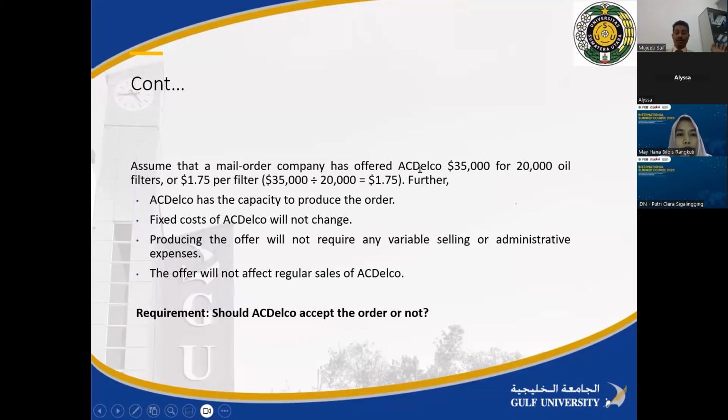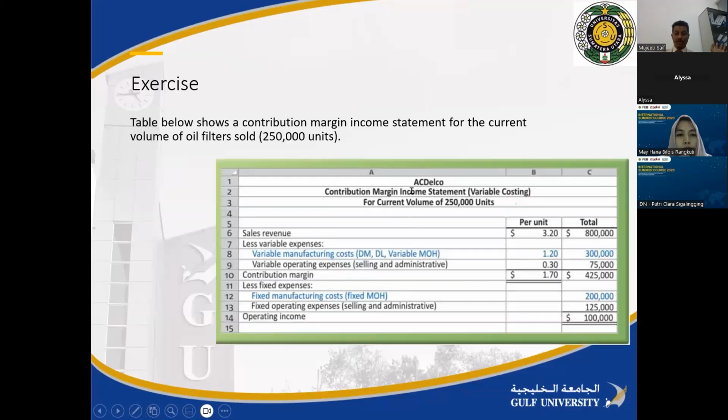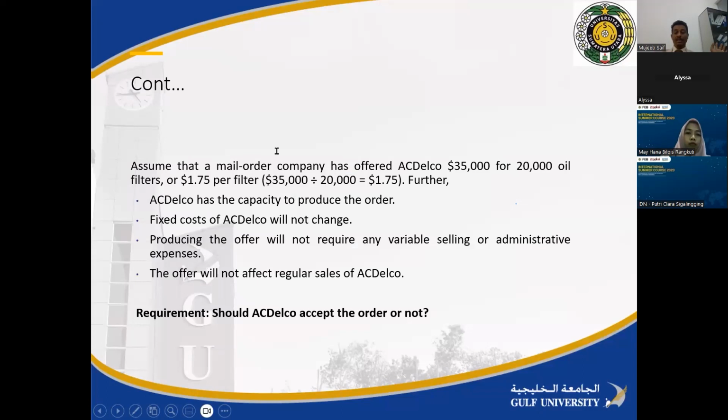This is our company. There is another company. They want to purchase 20,000 oil filters from our company. Right?